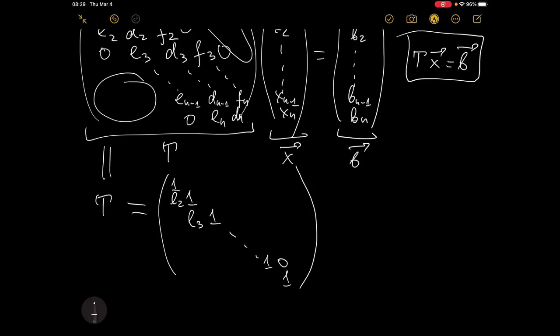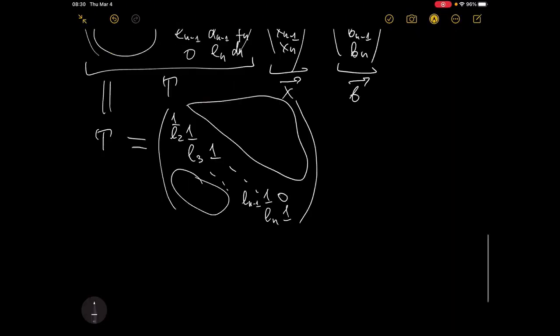So essentially, zeros here and zeros everywhere here. So this is our L matrix. You remember when we perform LU factorization, we always get ones on the diagonal.